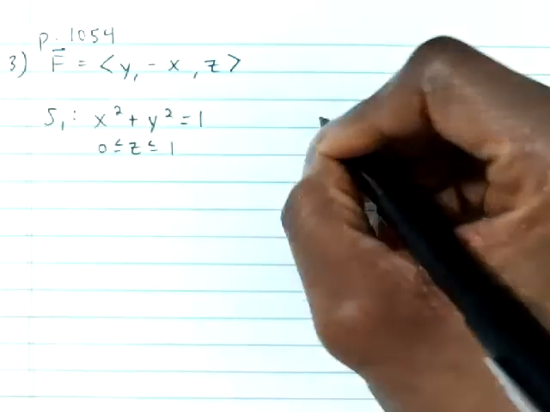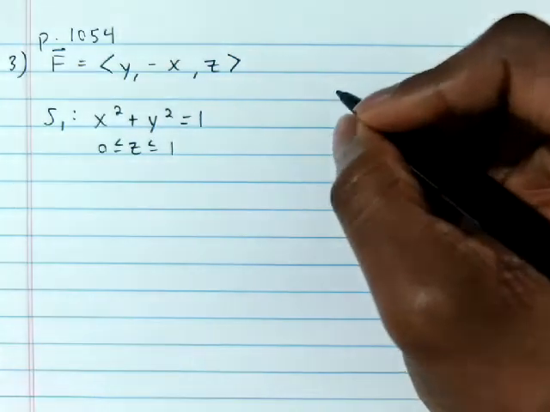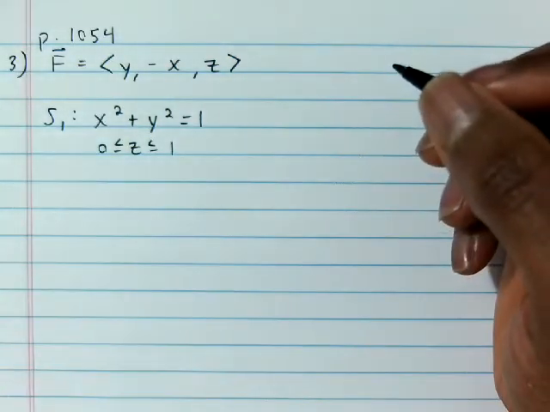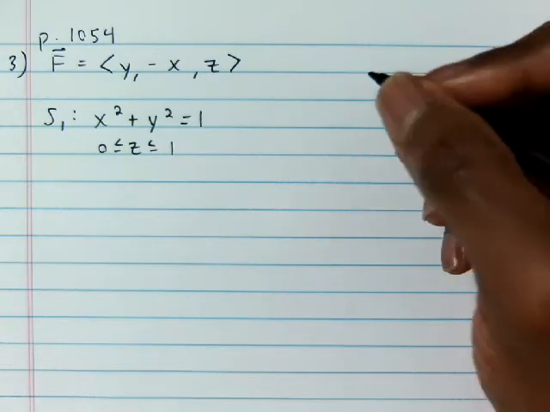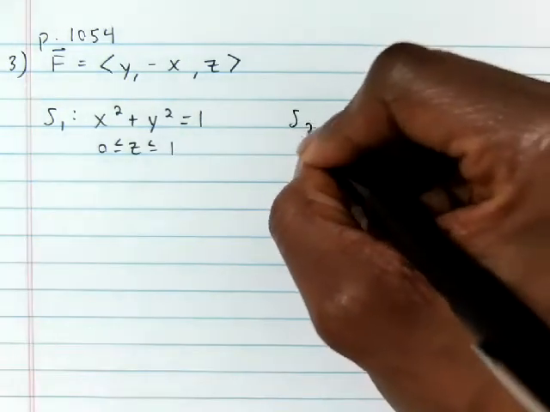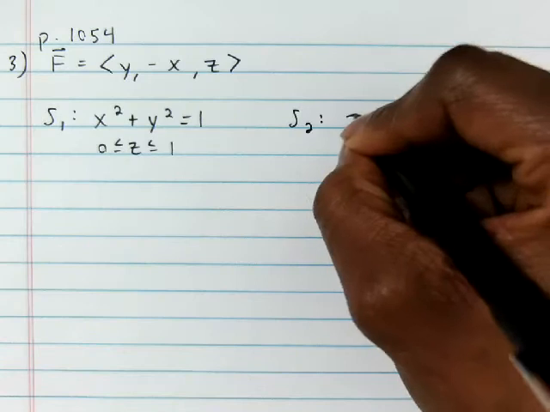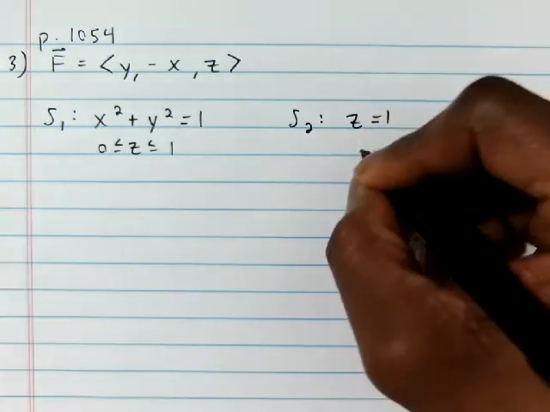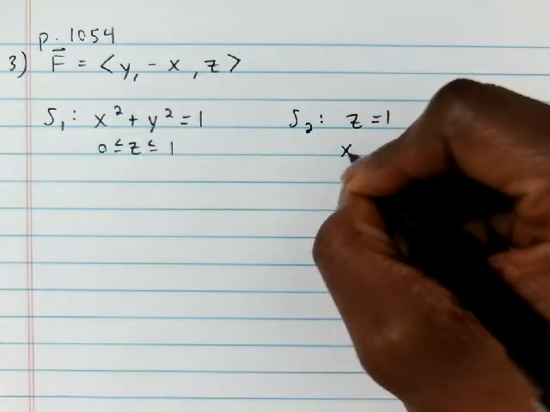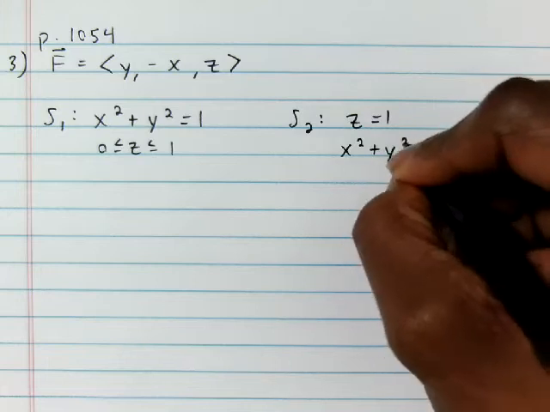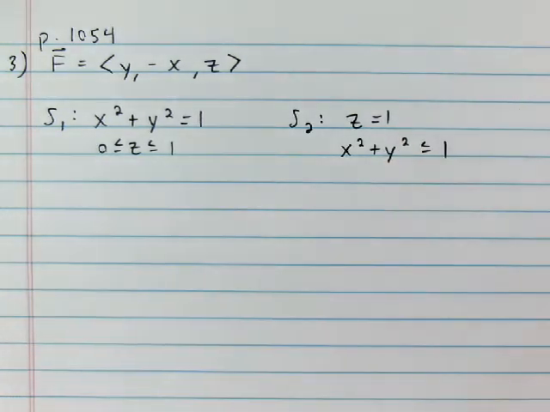And then we also have the top of the cylinder, so S2 is just z equals 1, and that's inside of the cylinder, so x squared plus y squared is less than or equal to 1.